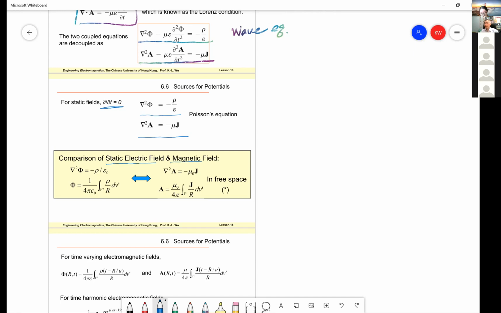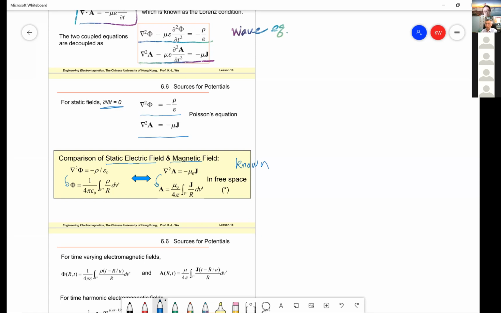At that time, electric field and magnetic field are decoupled, okay? And we also know, because of Poisson's equation, its solution is in this form. And the vector potential A also satisfies the vector Poisson's equation. Its solution is this. Okay, this is the known form.